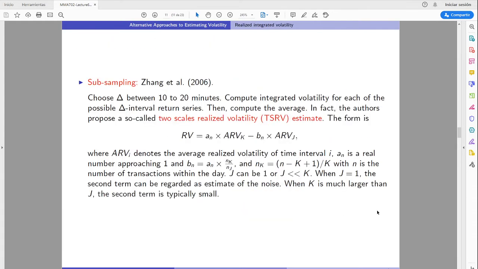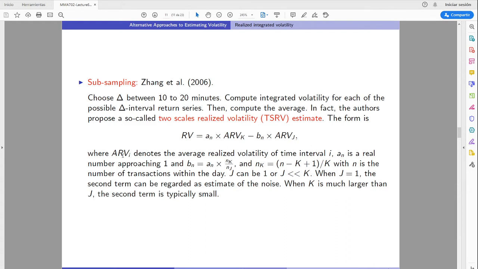Second approach, it's called subsampling. We take delta between 10 and 20 minutes, compute integrated volatility for each of the possible return series, and then take the average. In fact, the authors propose something called two scales realized volatility, which has this form.